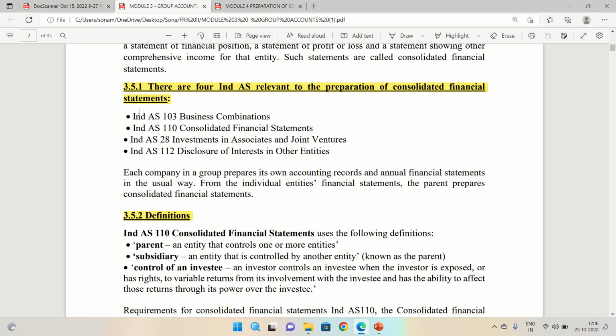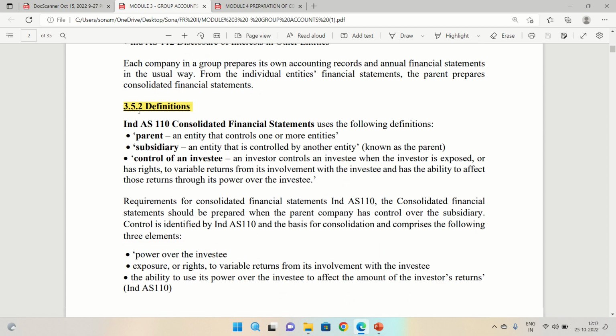Just keep in mind there are four Ind AS that are relevant, namely Ind AS 103, that is business combinations, Ind AS 110, that is consolidated financial statements, Ind AS 28, investments in associates and joint ventures, and Ind AS 112, disclosure of interest in other entities. Among these four, for our purpose, we will see in detail Ind AS 110 through our videos, and the other three I think you have already gone through, or you will in the future. Okay.